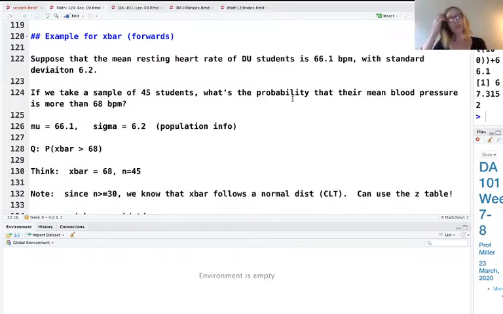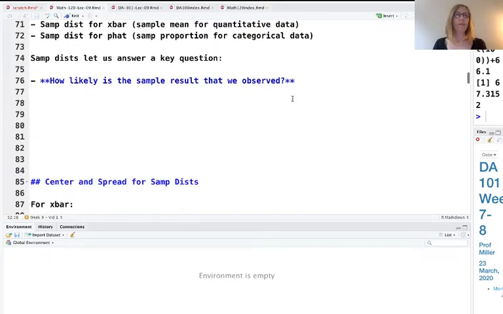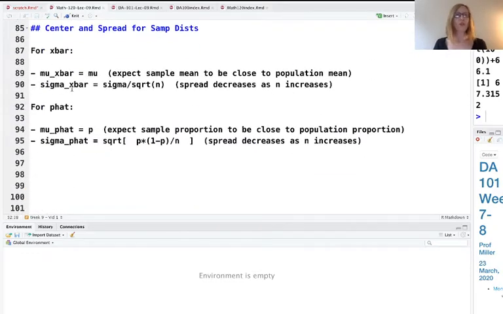Today we're going to do some very similar problems, but here they'll be for p hat, sample proportions. Let me remind you, up at the beginning, I mentioned there are two really important distributions we think about with these, x bar and p hat. We want to be able to answer questions about both of them.